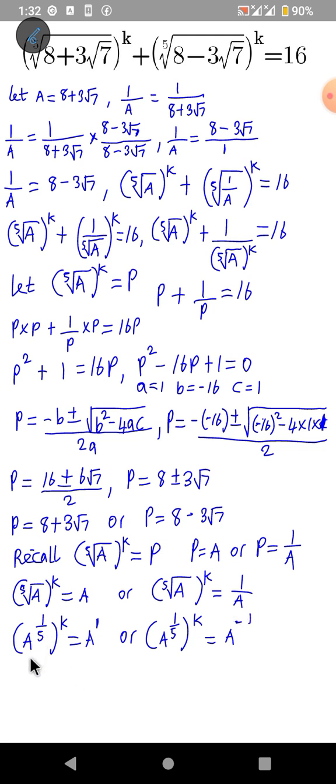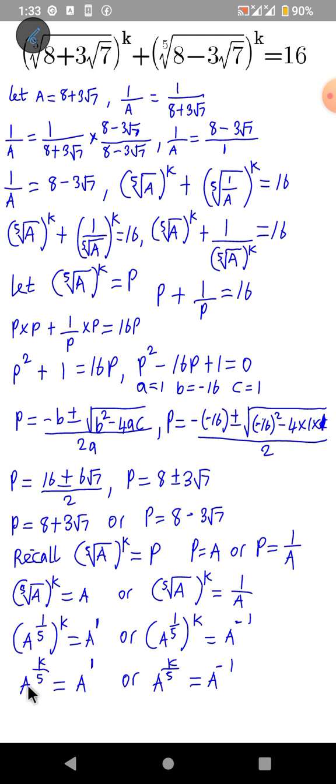Then we continue. Now this power will multiply this power here, so we have a raised to the power of 1 over 5 multiplied by k, we have k over 5 equal to a raised to the power of 1, or the same thing again here, 1 over 5 multiplied by k, we have a raised to the power of k all over 5 equal to a raised to the power of minus 1.